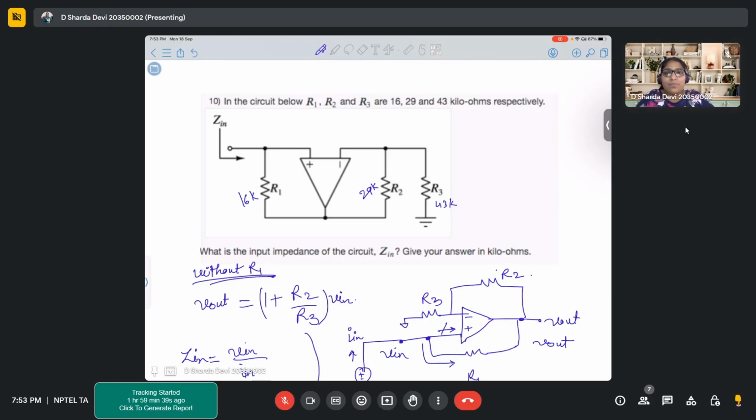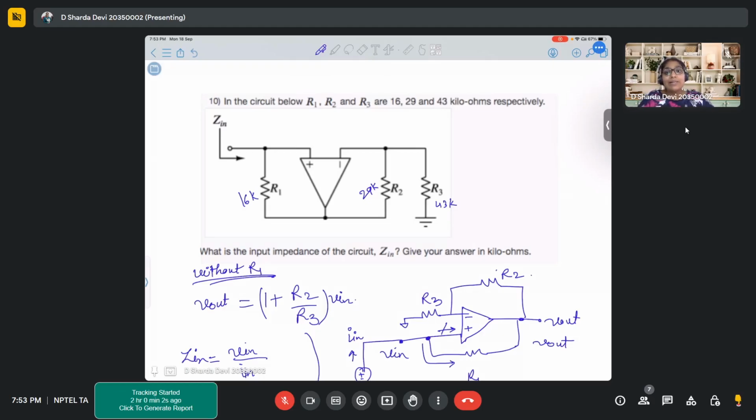Majority of the times they are there in the lectures.